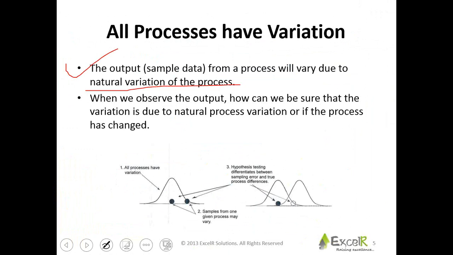Naturally occurring variation. And when we observe the output, how can we be sure that the variation is due to natural process variation, or if the process has really changed? How to find out that? Step one is all processes have variation. We have to acknowledge that.